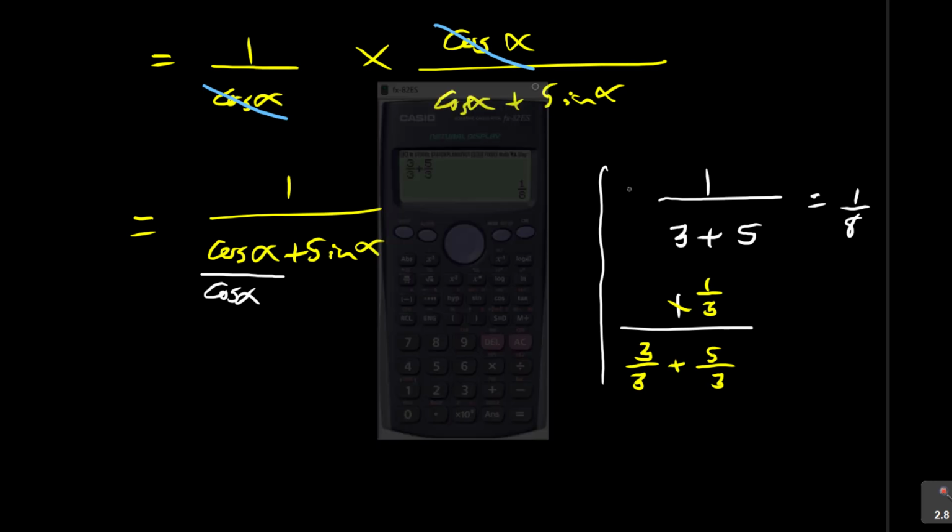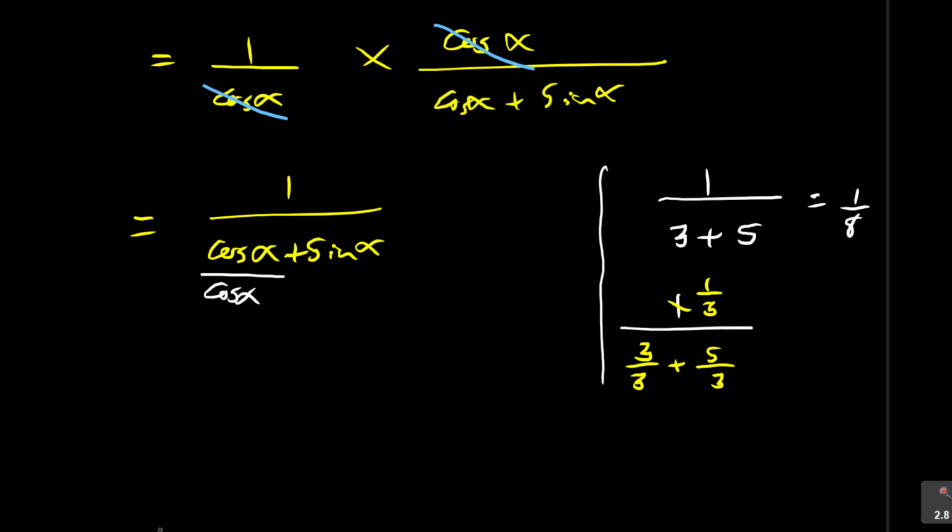So as long as I'm dividing each and every item, it's going to work. So even here I need to divide by cos alpha. On top it will be 1 over cos alpha. You see what I'm doing there?